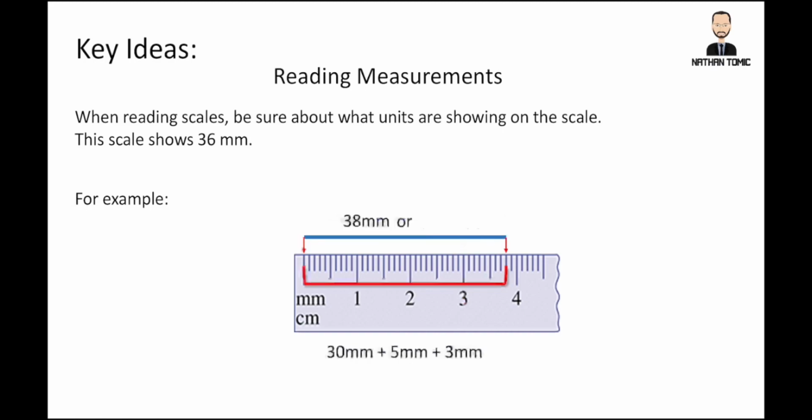Or we could also say it is 3 centimeters plus 0.5 centimeters plus 0.3 centimeters, which gives us 3.8 centimeters. So 38 millimeters or 3.8 centimeters are equivalent distances.